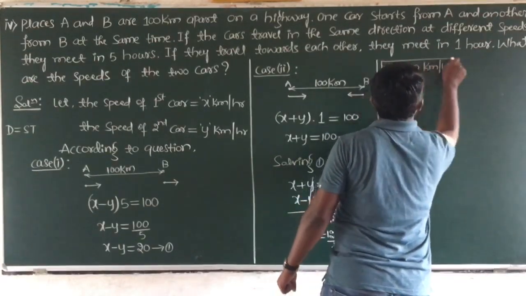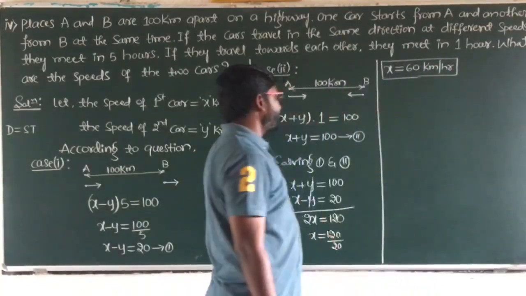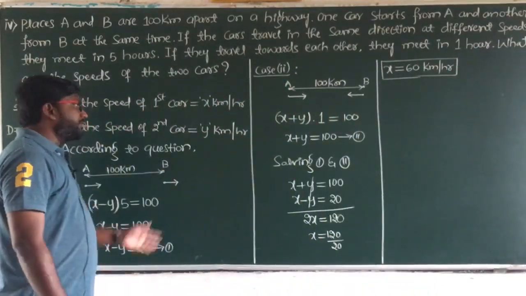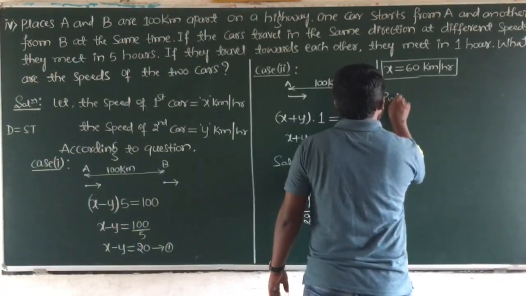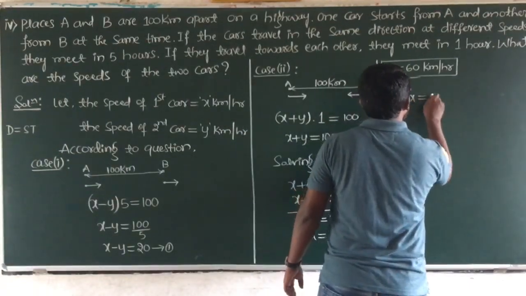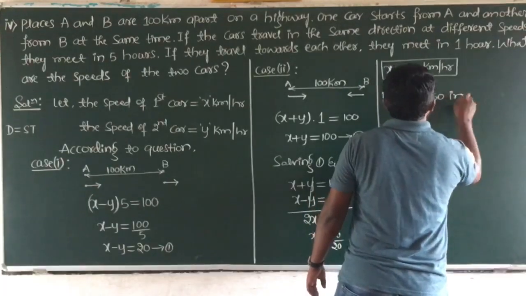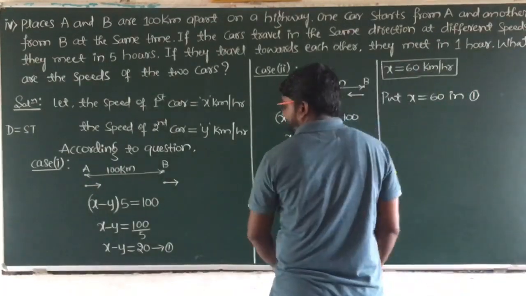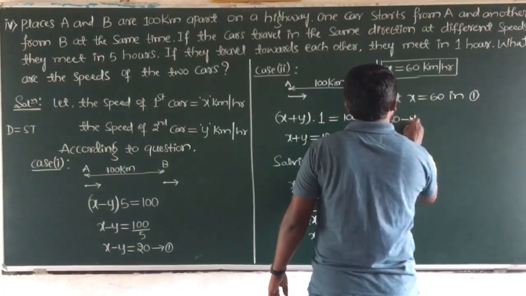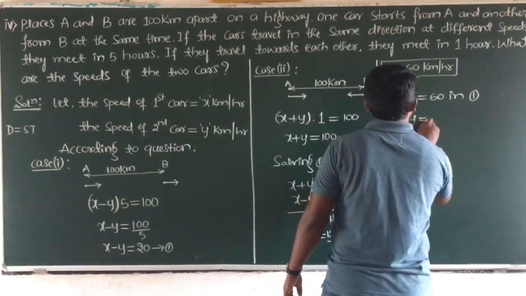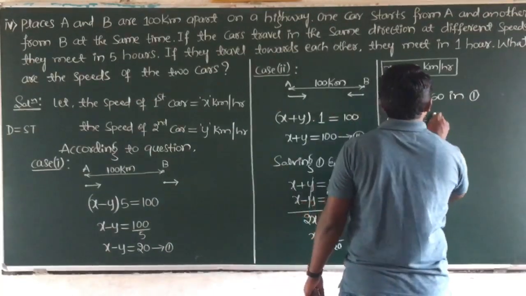This is the value of x. Now substitute x equal to 60 in any one of the equations to get the value of y. Put x equal to 60 in equation number 1. So 60 minus y equals 20.